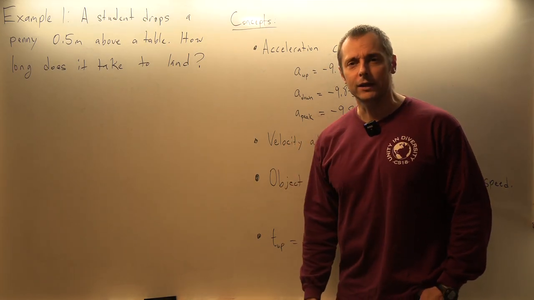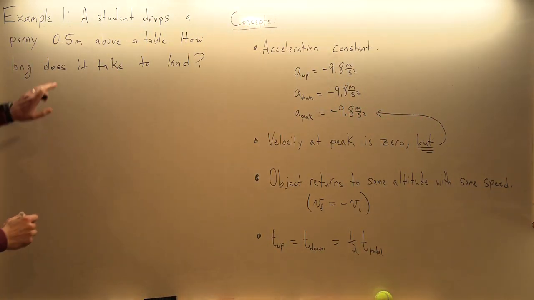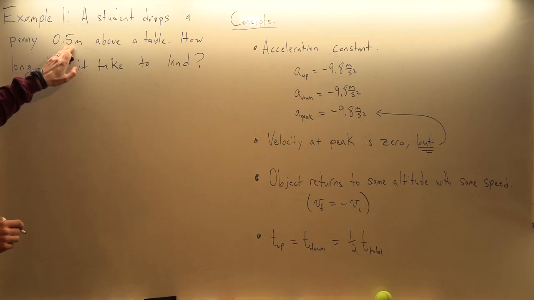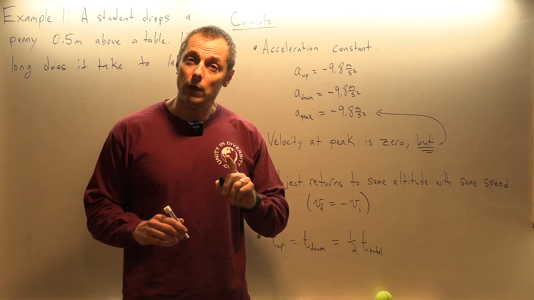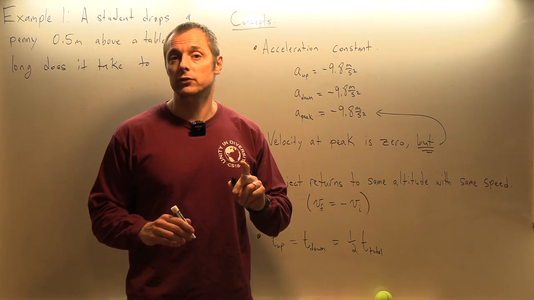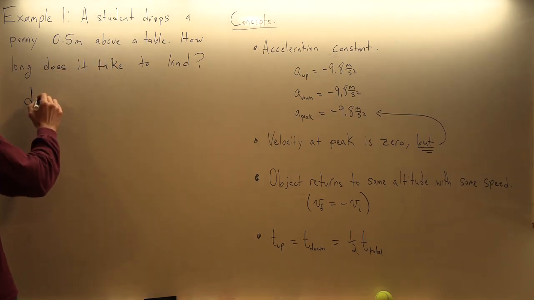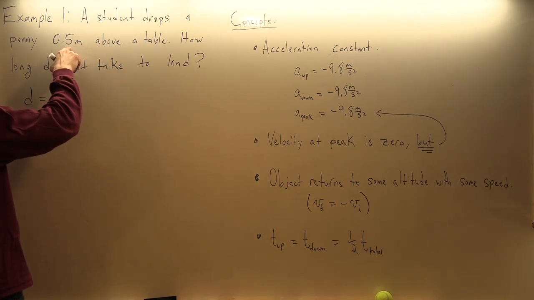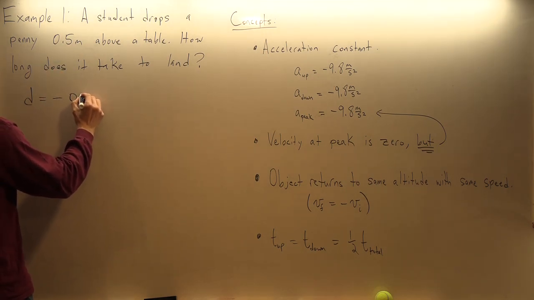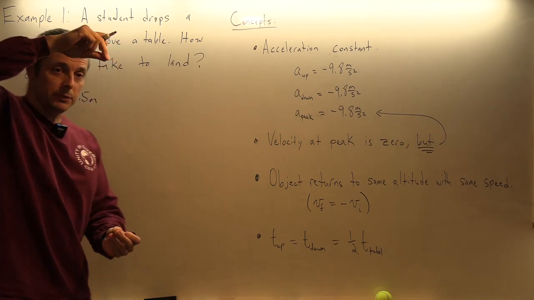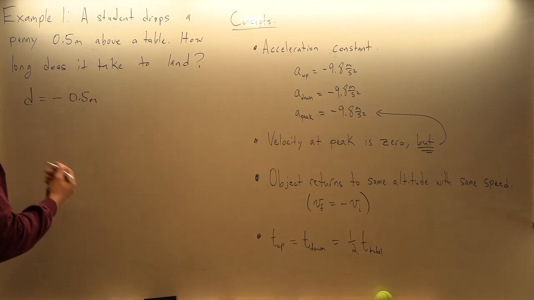How long does it take to land? All right, so that's the difficult thing with these free fall problems. Very often they just give you one piece of information and you have to know the rest. So the first thing that we know is that the displacement is it's going to fall down 0.5 meters. So that's down 0.5 meters, right? I drop something, it falls down, right? We call that negative.